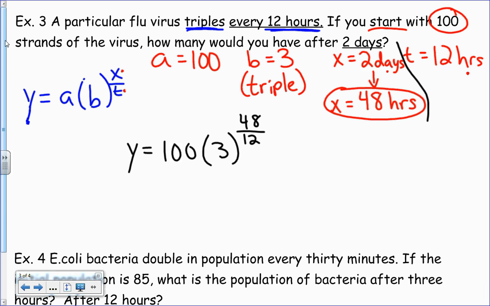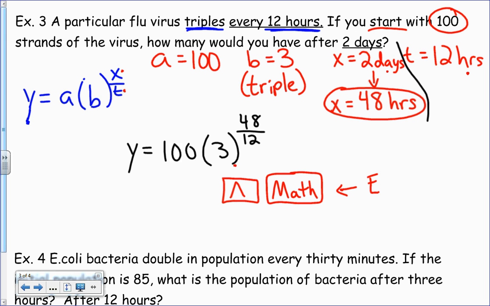So when I type this in, I would type in 100, left parenthesis, 3, right parenthesis, and then after I type this right parenthesis right here, I'm going to type the caret button. It's going to give me an exponent. And then I'm going to type math. I'm going to go left.